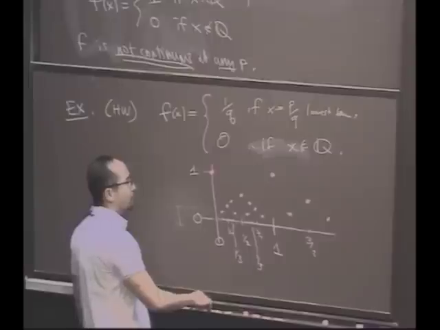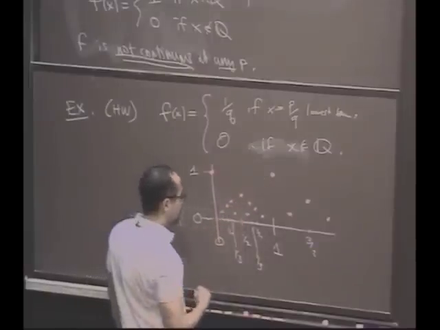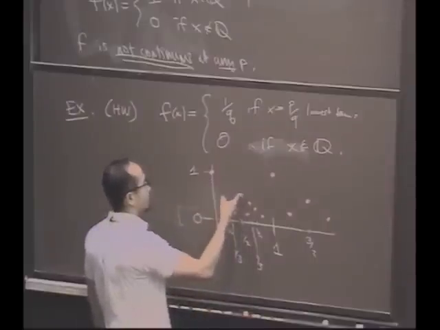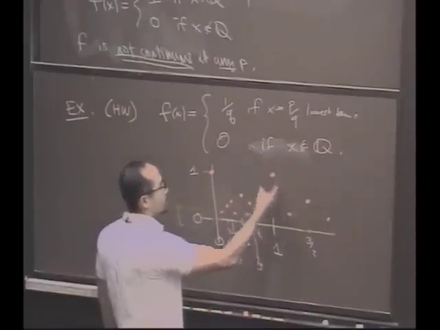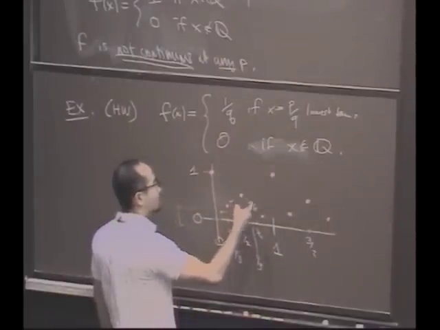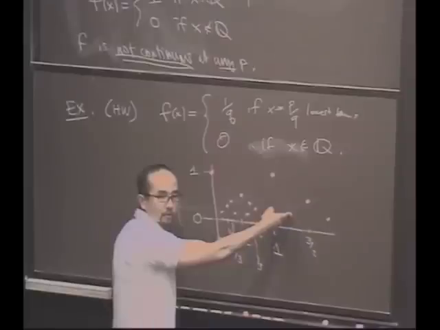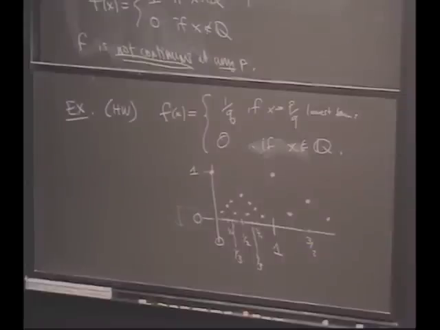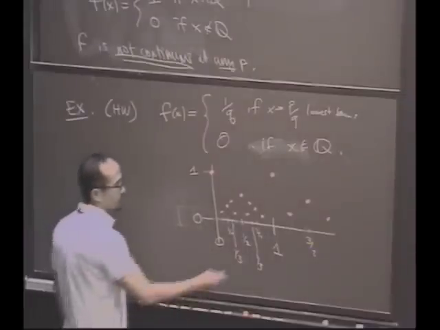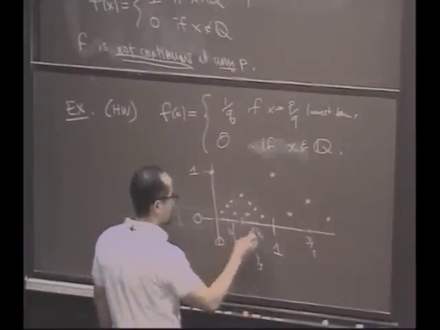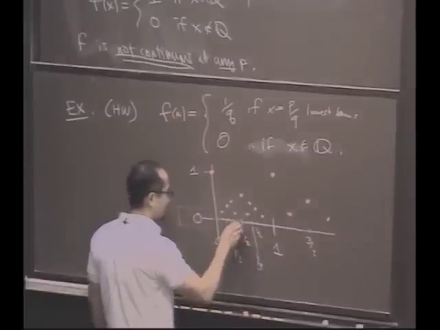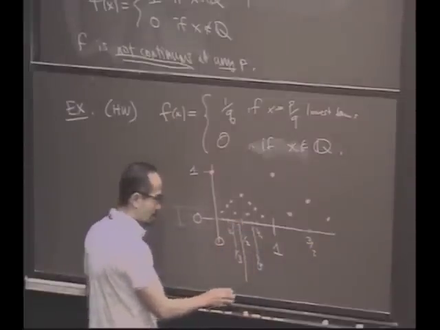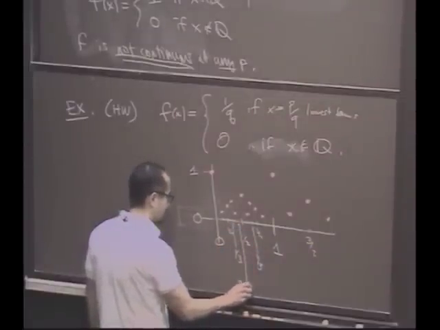So this function, what is it doing at the rationals? Well, it's doing something non-zero, and would you agree it's pretty clear at the rationals this thing is not continuous. What's happening at the irrationals? Let's take an irrational value here. How about this point right here, square root of 2 minus 1.